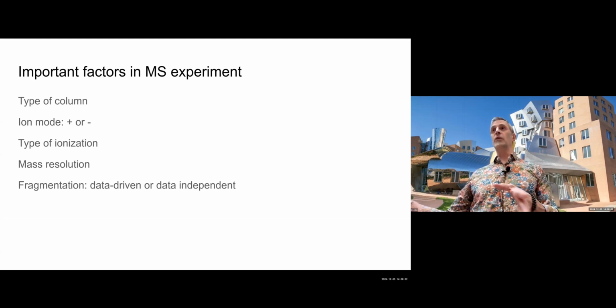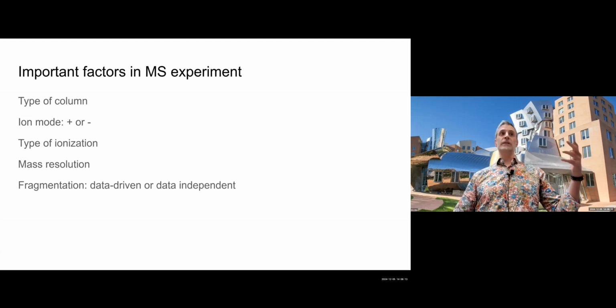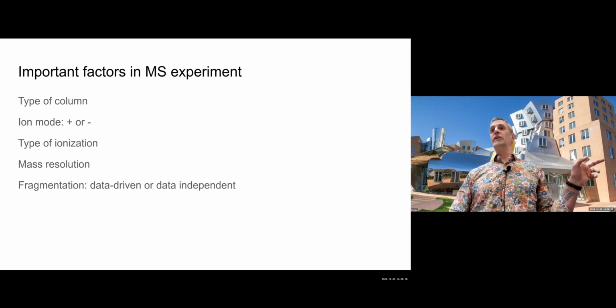Here are their different M over Z ratios, and then we can program the machine. Okay, like a common program is pick the biggest one, pick the ion that is most abundant at this point in the chromatography, and then get a secondary fragmentation spectrum from that one.